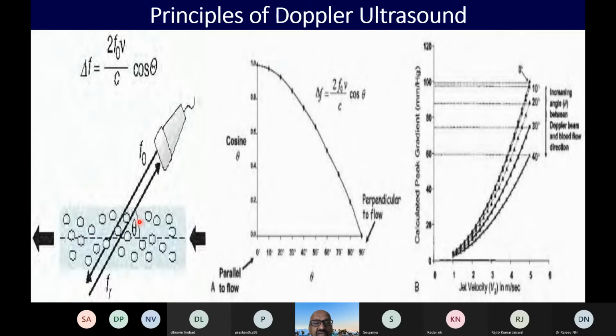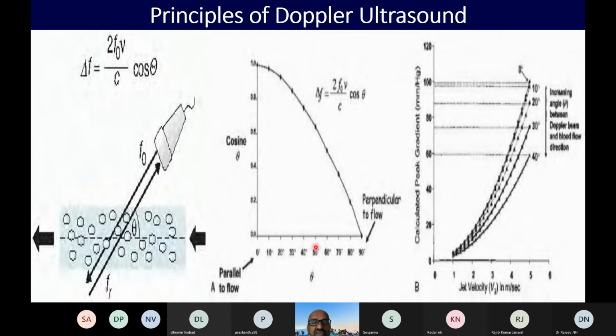So it is clear that for us to determine the flow of blood, the beam of the echocardiographic waves, that is ultrasound waves, must be absolutely parallel to the flow of blood. If you have a parallel flow of blood, the cosine theta, which is represented here, is equal to 1. And when cosine theta is 1, there is accurate determination of the velocity of blood.